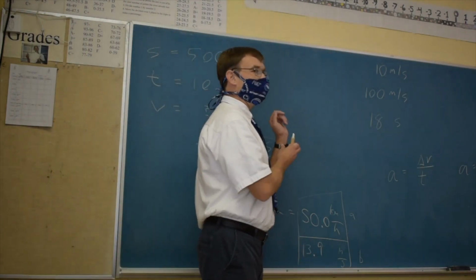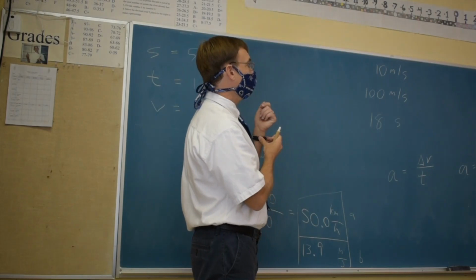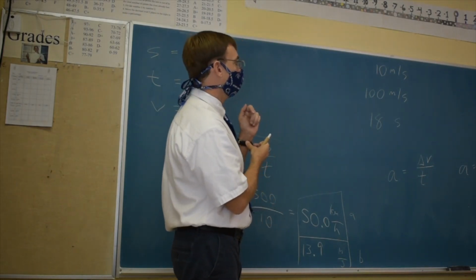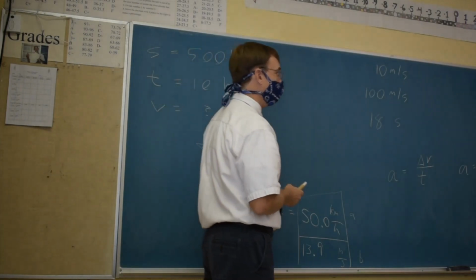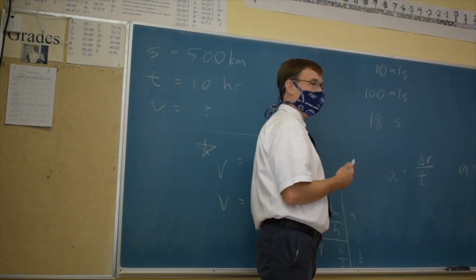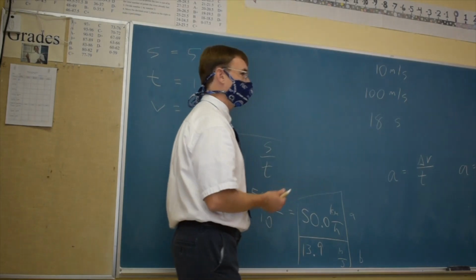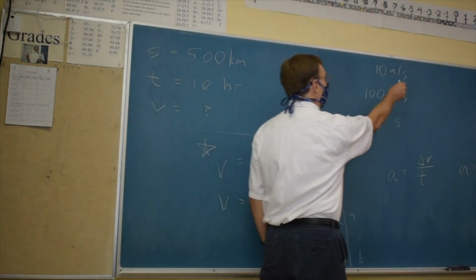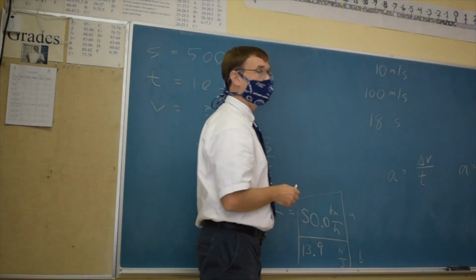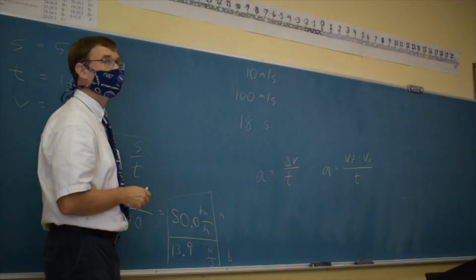So here's another blah blah blah story. So like blah blah blah, 10 meters per second, blah blah blah, 100 meters per second, blah blah blah, 18 seconds. They could tell you any kind of story they wanted to about trucks or cars or trains or whatever they're doing with it. What is meters per second code for? Velocity.